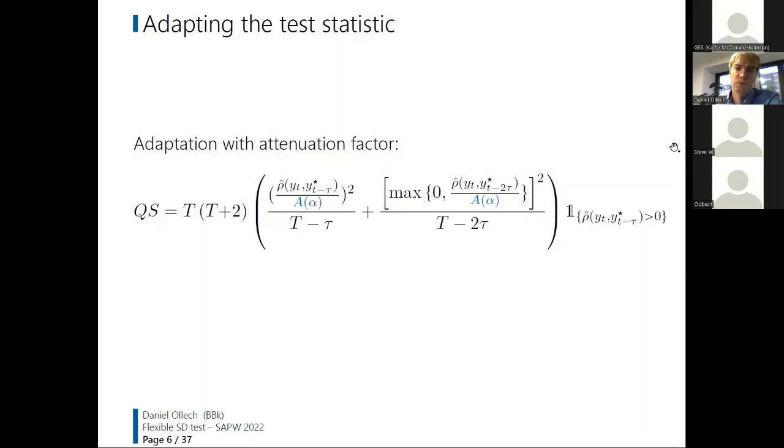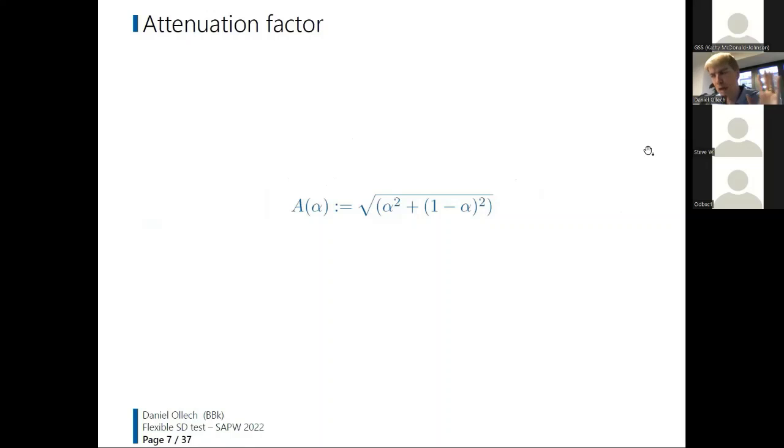I'll show you in a second that this is a good idea. The proof I will put in a paper. This is too much for today, but this is the attenuation factor. The squares and so on come from variance assumptions.